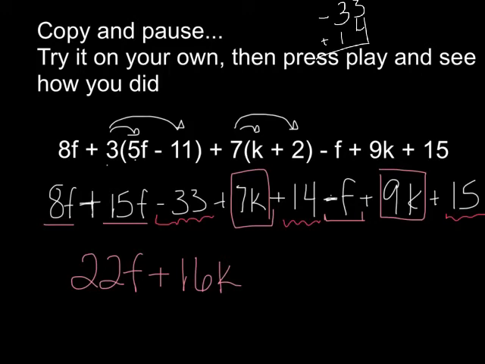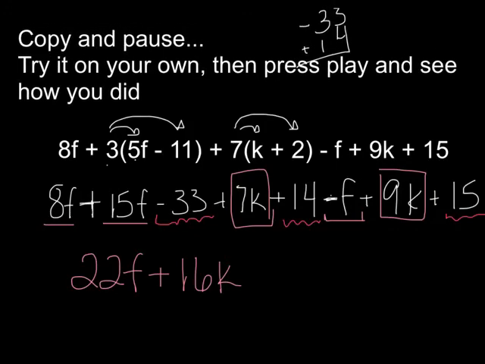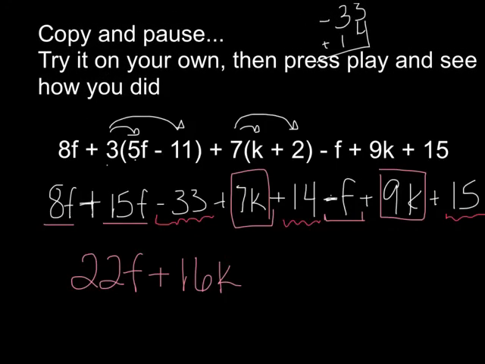Negative 33 has a greater value, so that means we keep the negative sign, and the difference between 33 and 14 is 19. So going back to our problem, negative 33 plus 14 is negative 19.